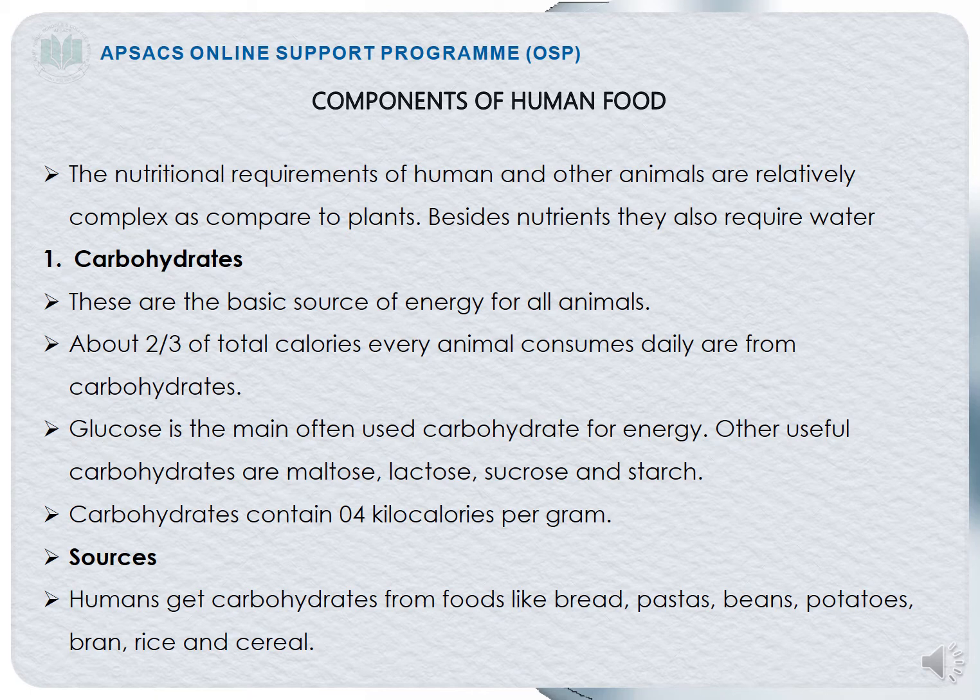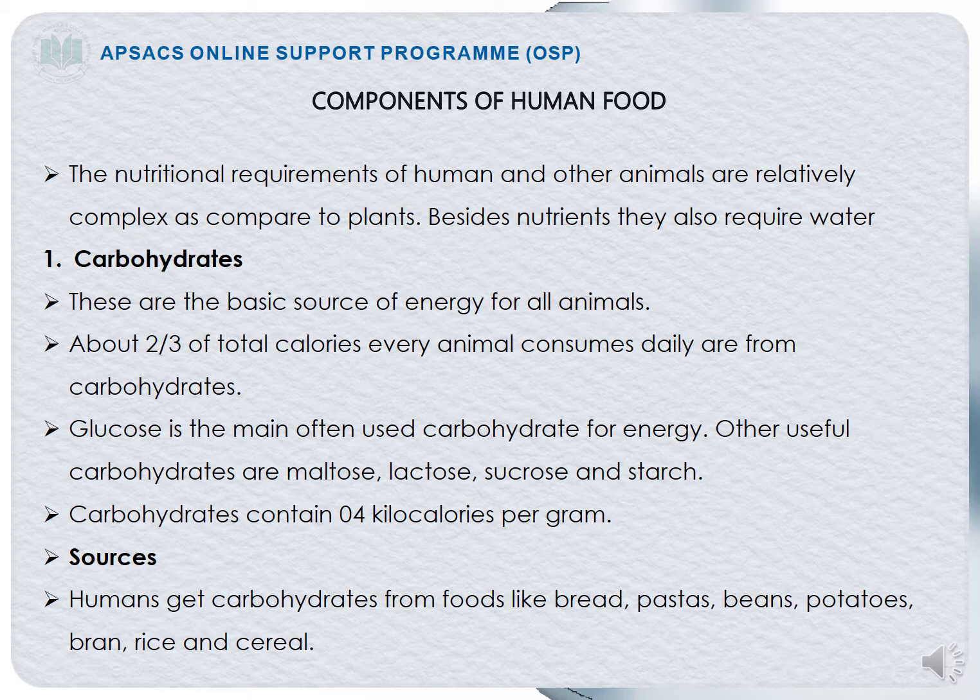So in total calories, about 2/3 of the total calories every animal consumes daily are from the carbohydrates. So 2/3 of the energy we get from the carbohydrates daily is in the form of calories. If we talk about the main source of carbohydrate, that is glucose.